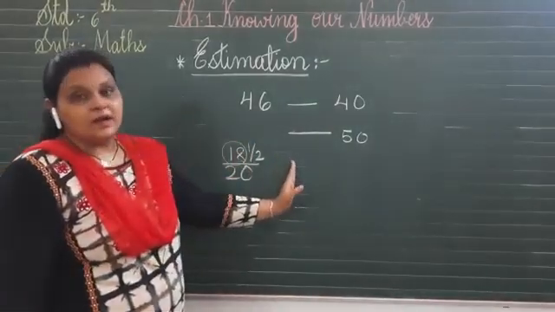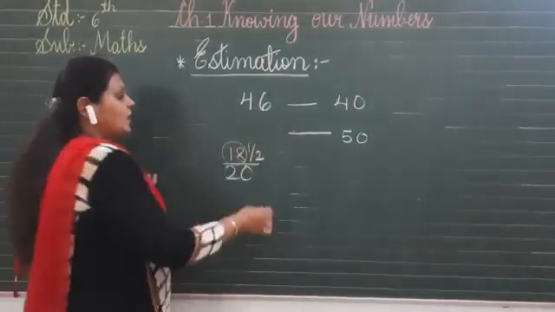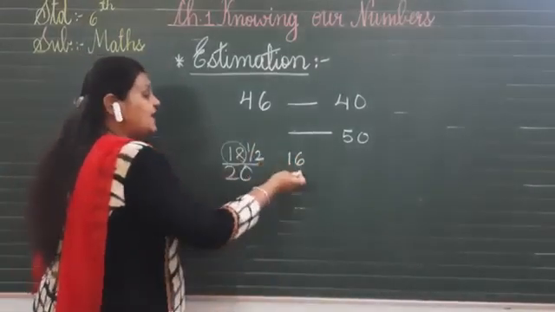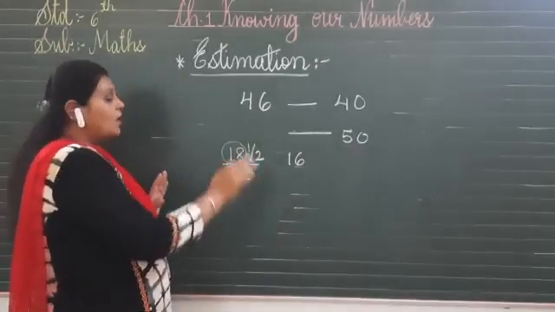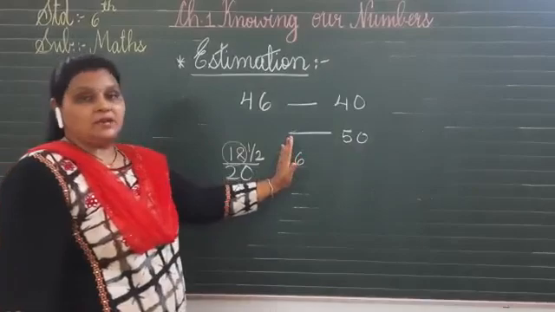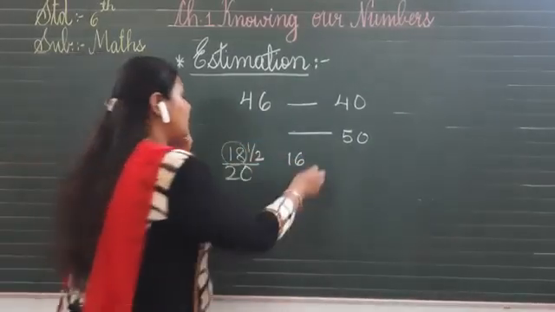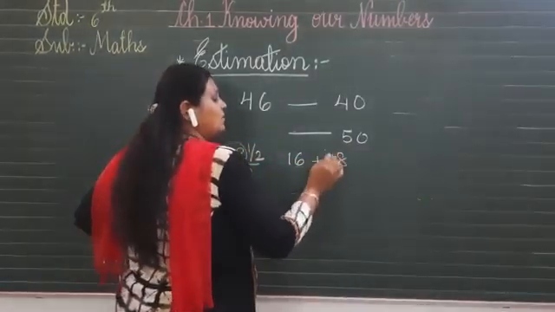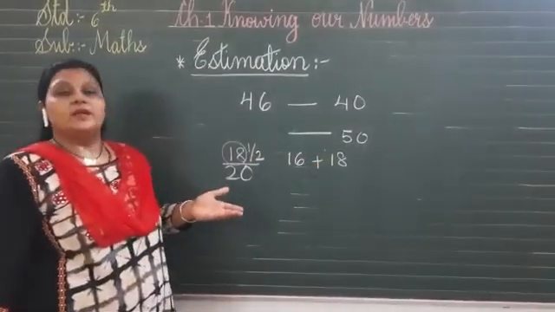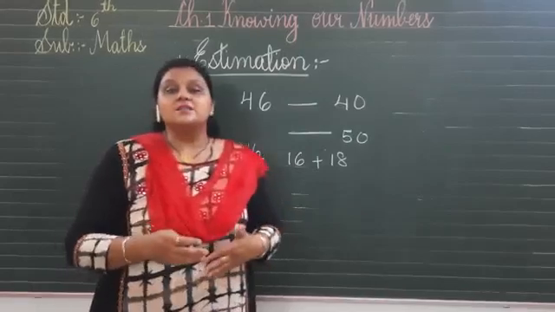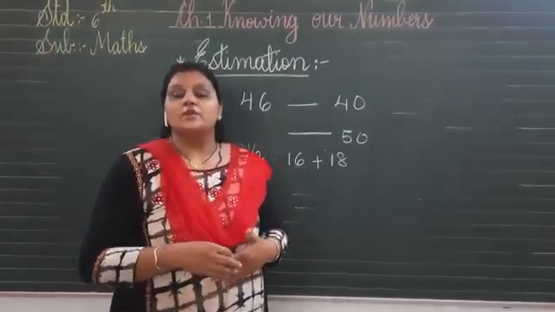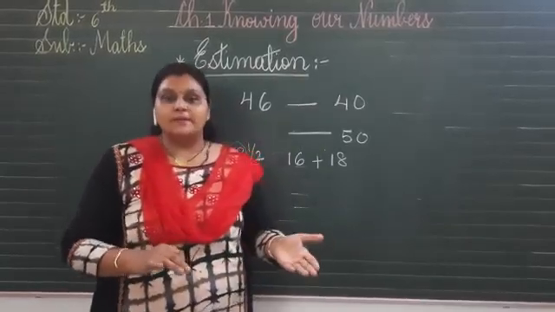It's 18 and a half. It may be either 16 also. It may be less, it can be more. Suppose it may happen that you get 18 marks in the test out of 20. So whatever marks you are assuming is called the estimation of the marks in this example.